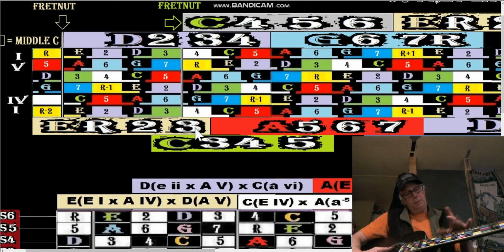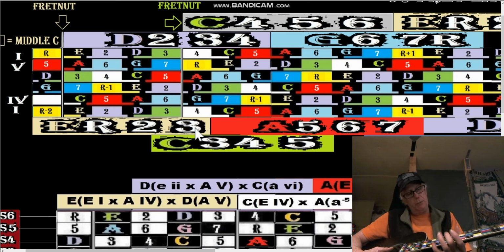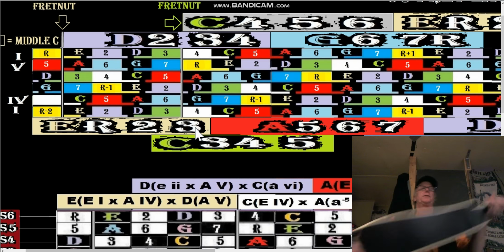That A shape would become a G shape. So the magic circle was connected to which string you started on. That's what the magic circle was.